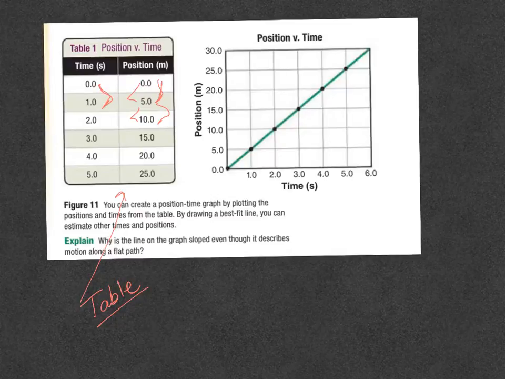Even though you can see that on that table, and you know that we use tables to organize this information, we are not going to use just a table to get the information, because from the graph, you can get more information than from the table.